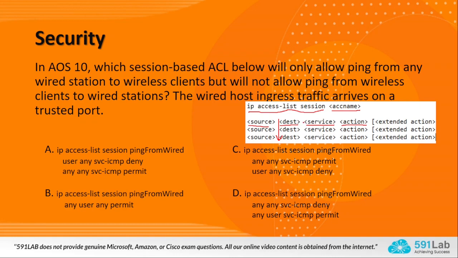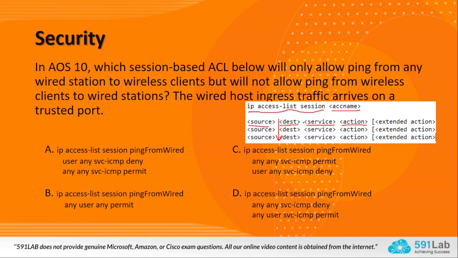We'll check the answers. Option A. So in option A, IP access list session ping from wired. Under rules, user any SVC ICMP deny. So here user is the wireless user, that is the source. Destination is any and service is ICMP and it is denied.